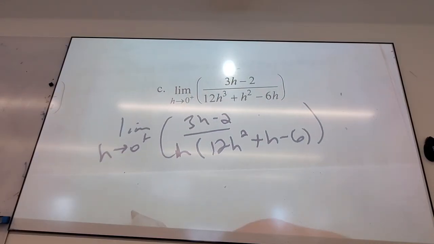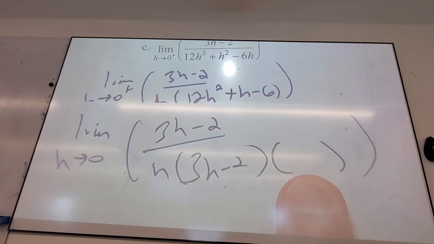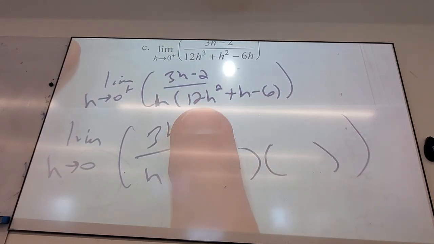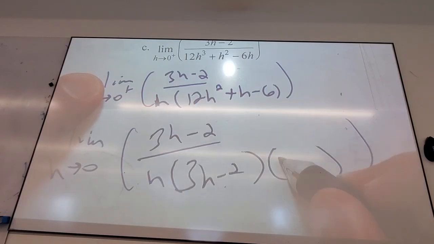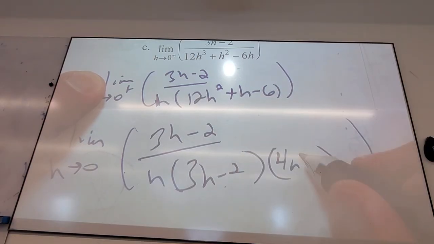I don't know if you guys have ever seen this. I could be wrong, and if I'm wrong, I go back and try to do this a different way. But I'm going to assume part of the answer is 3h minus 2. What would the rest of the answer have to be then? Well, that's a 3h. What do I have to put there to get 12h squared? 4h. If that's a negative 2, what do I put there to get negative 6 at the end? 3.